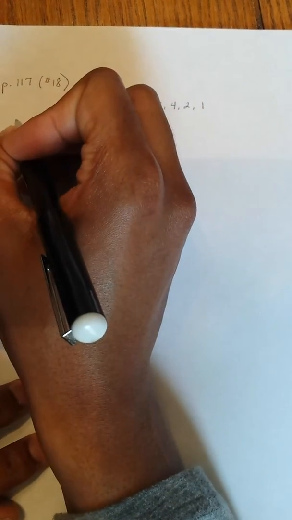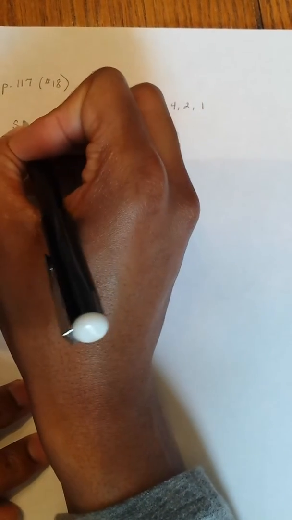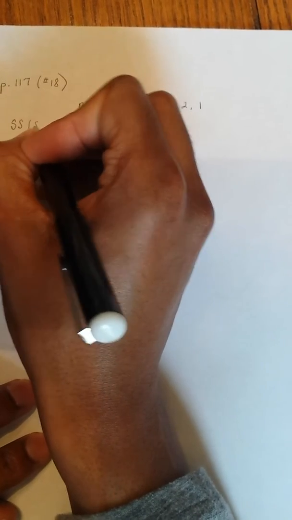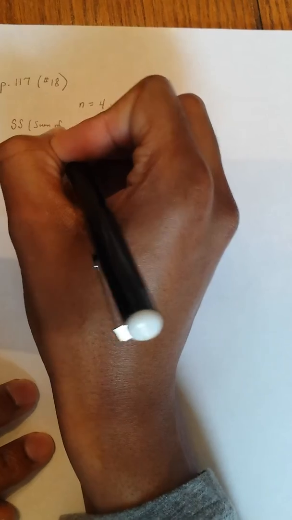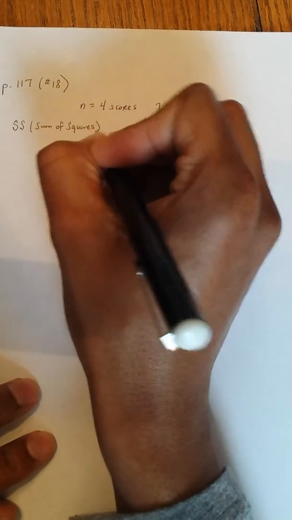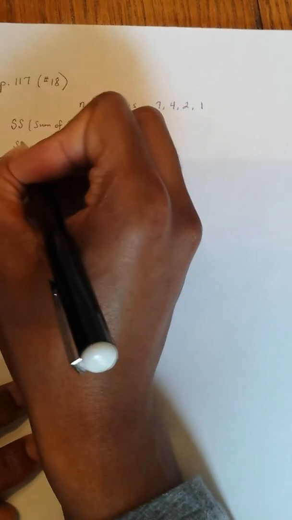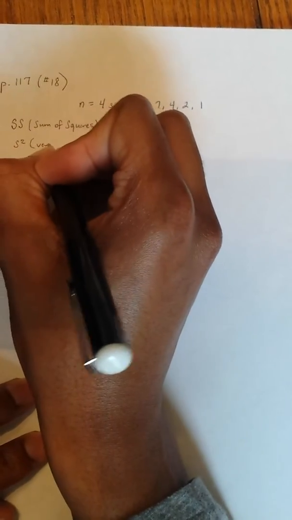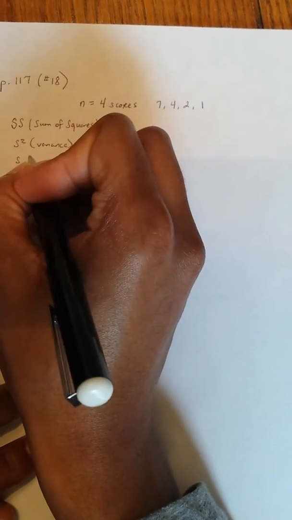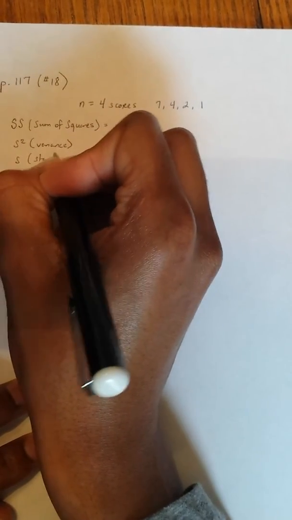And in order to solve the problem in its entirety, we need to get the sum of squares, the sum of squared deviation scores. We need to calculate the variance. And we need to calculate a standard deviation as well.